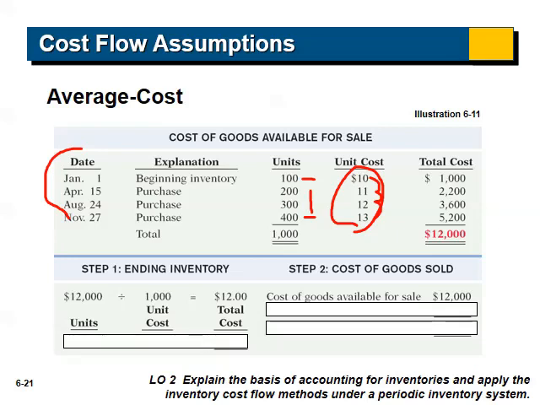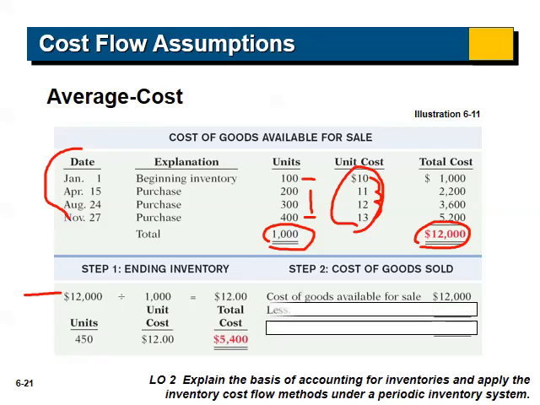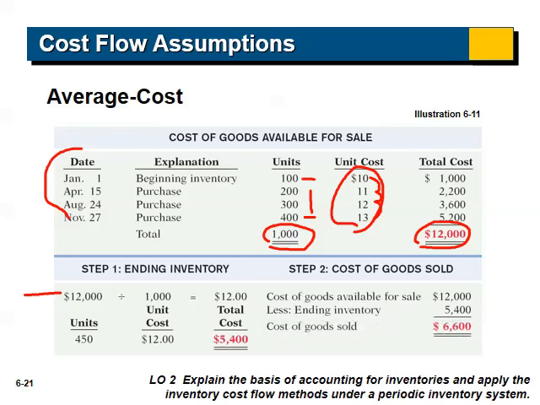So to get the weighted average, you take the total cost of goods available for sale and divide it by the total units, and that's down here. And that gives us a weighted average cost of $12, and we'll apply that cost to the 450 units in ending inventory, and that gets us 5,400, and therefore our cost of goods sold is 6,600.